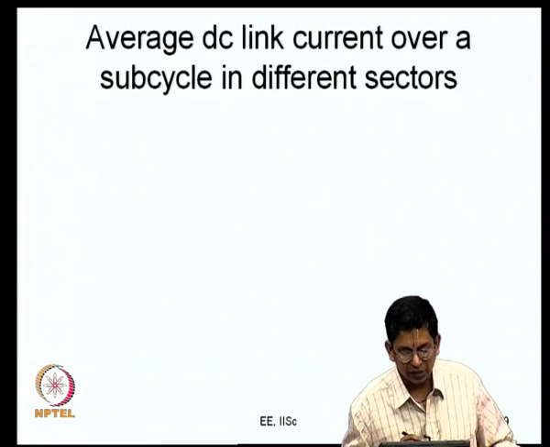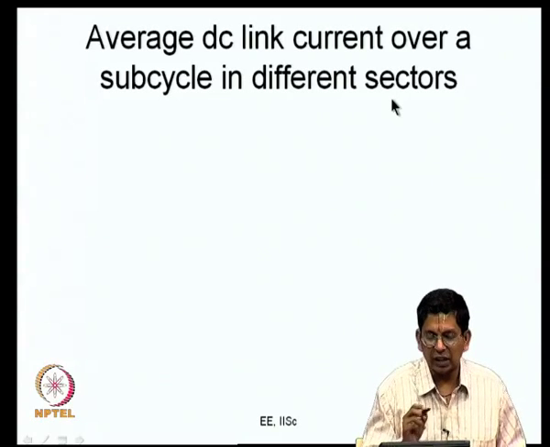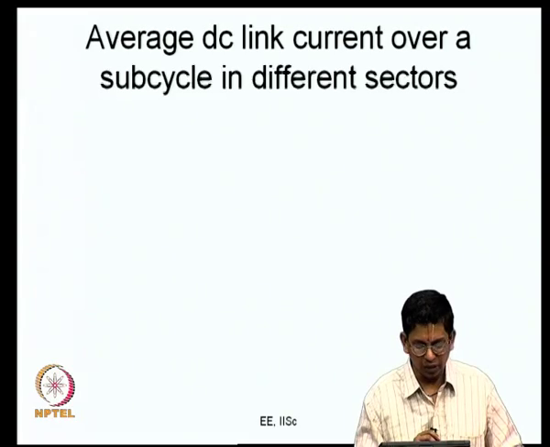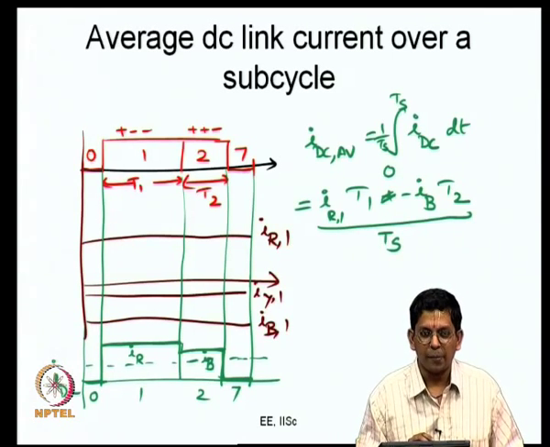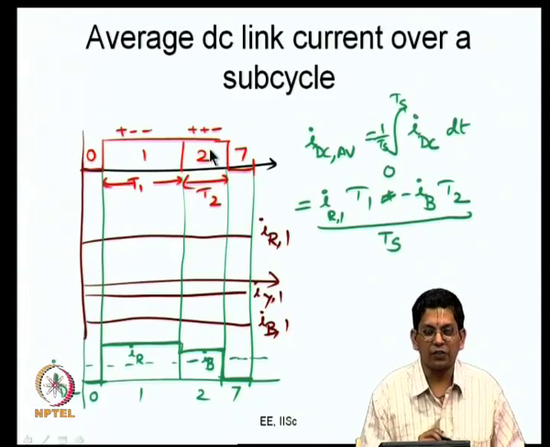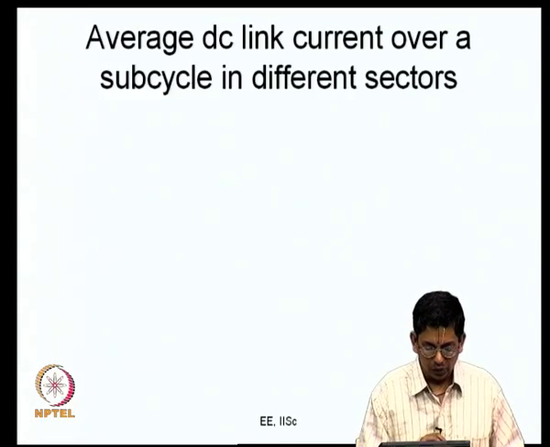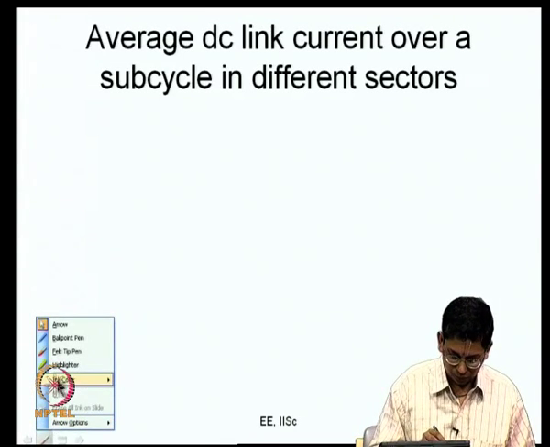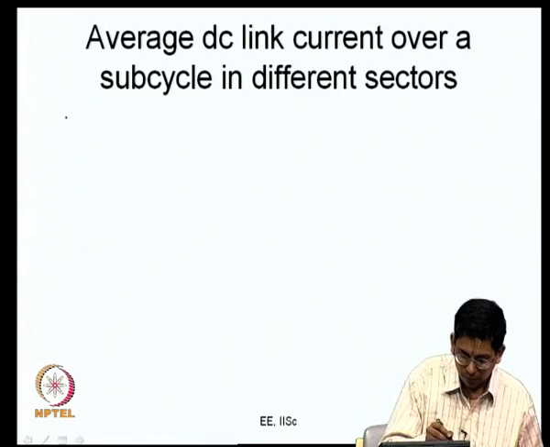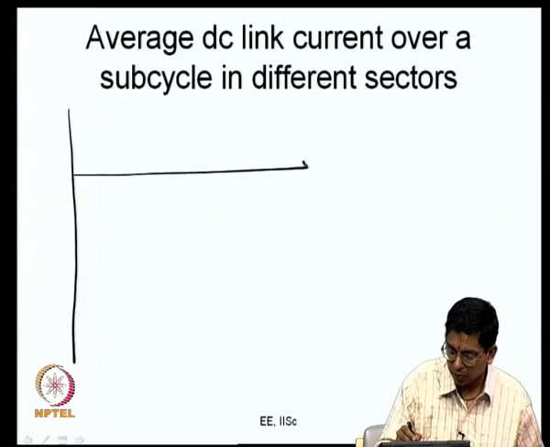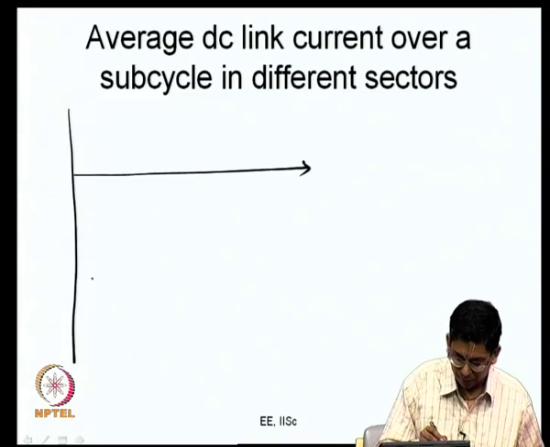So, let us look at the average DC link current over a subcycle in different sectors. The earlier one we looked at was sector 1, where you use active state 1 and active state 2. Now, let us do it differently, in sector 2.